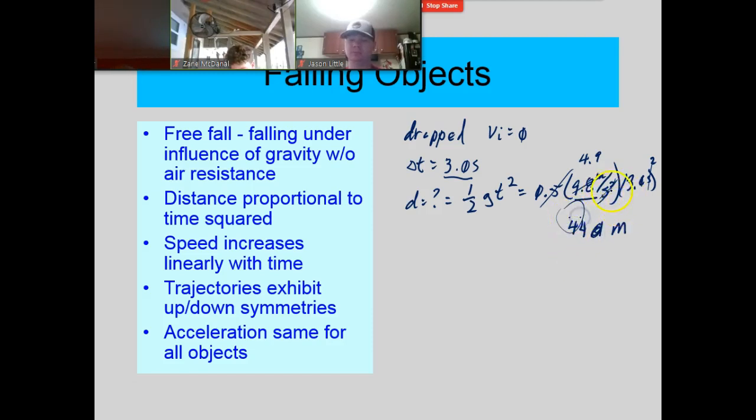Count 2 digits. Look to the right. It's less than 5, so leave that alone. So 4.4 meters. No, 44 meters. Sorry about that. The old gray cells aren't working well today. 44 meters. They dropped the 0.1 because it was too many digits.